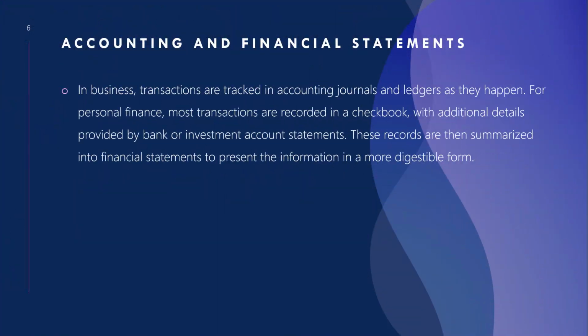In business, transactions are tracked in accounting journals and ledgers as they happen. For personal finance, most transactions are recorded in a checkbook, with additional details provided by bank or investment account statements. These records are then summarized into financial statements to present the information in a more digestible form.